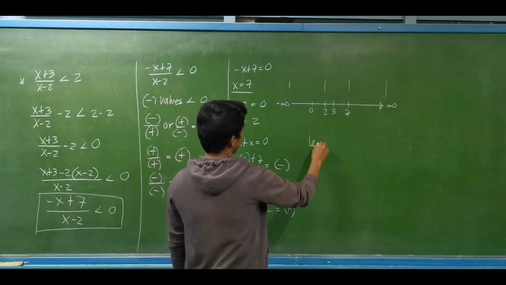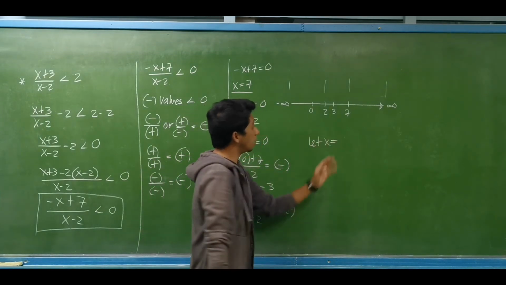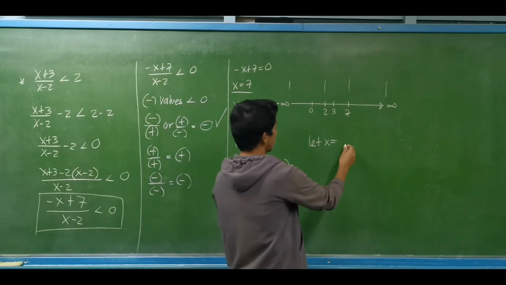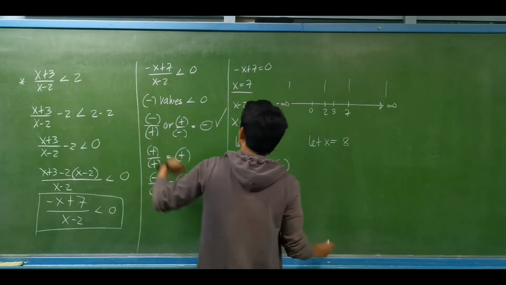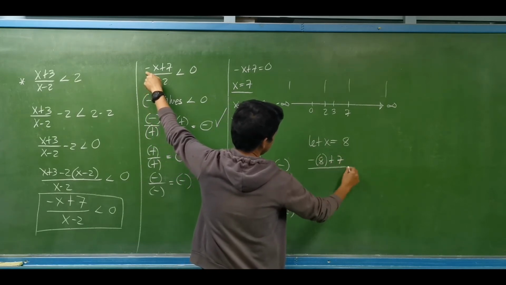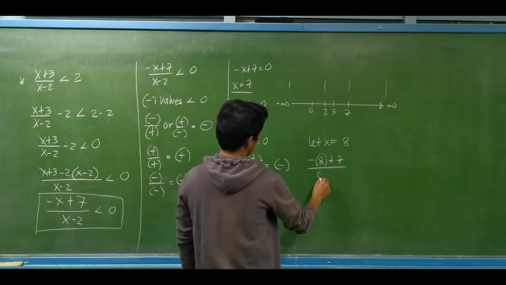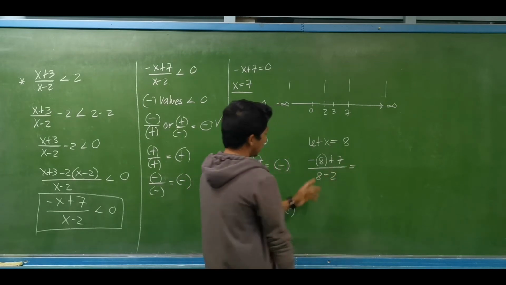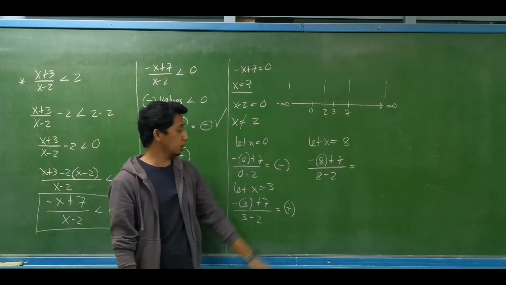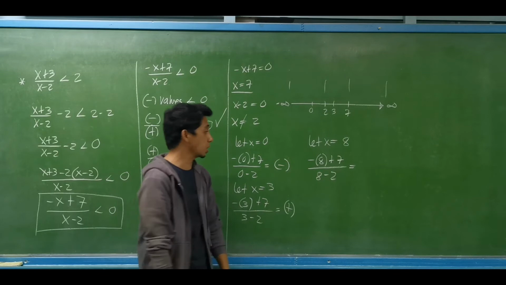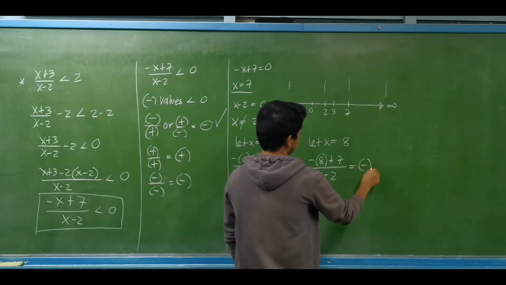And lastly, let x be any value from the third interval, from 7 to positive infinity. Let's say x = 8. So this is (-8 + 7)/(8 - 2), which is negative 1 divided by 6, a negative quotient.